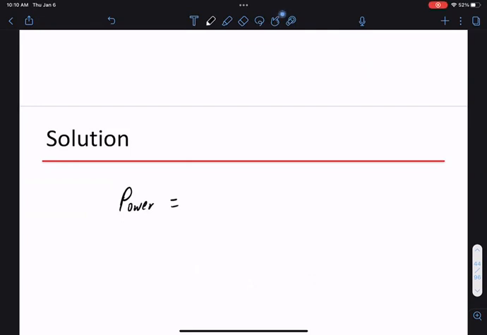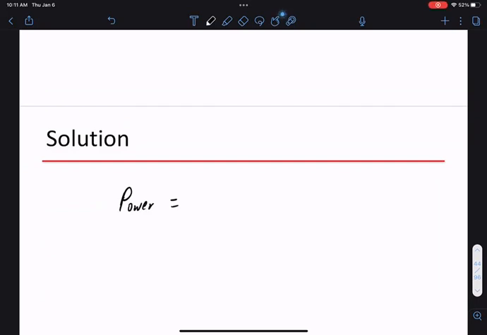So how much mechanical power is being extracted by the blade? The torque times frequency. Specifically, what frequency? Angular frequency, right? So the important thing to remember is angular frequency times torque.